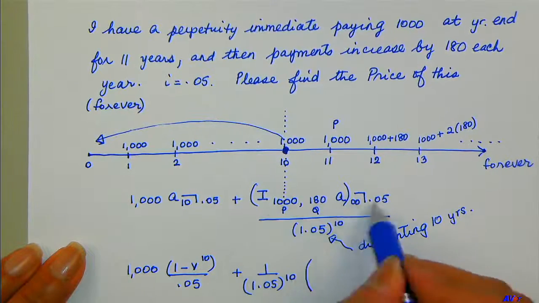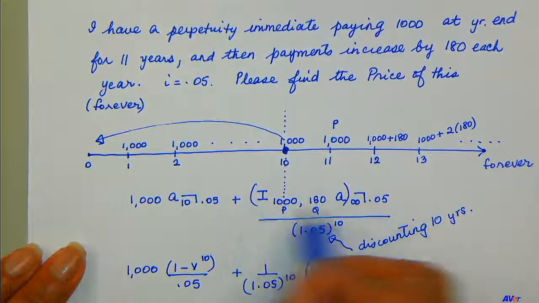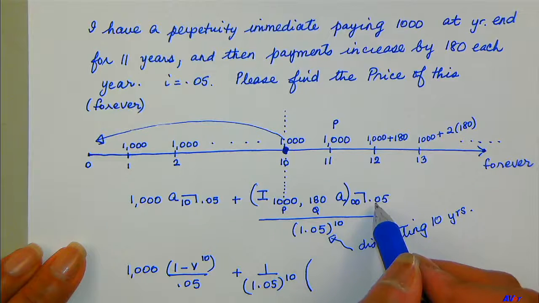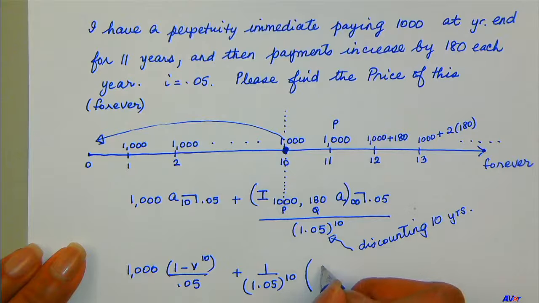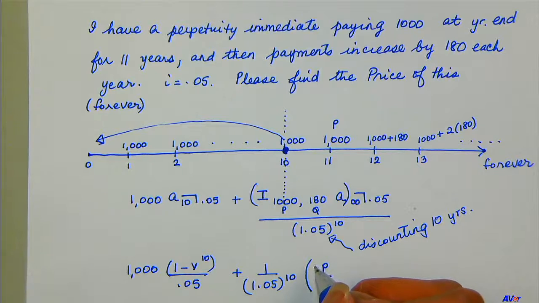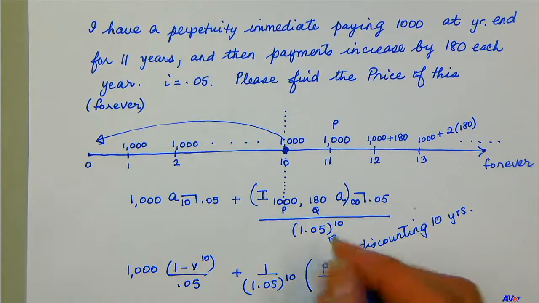times, and now I have to come up with this. But I need it at infinity, right? So what's the formula? What's the formula? P over, guys, what's the formula for arithmetic annuity?